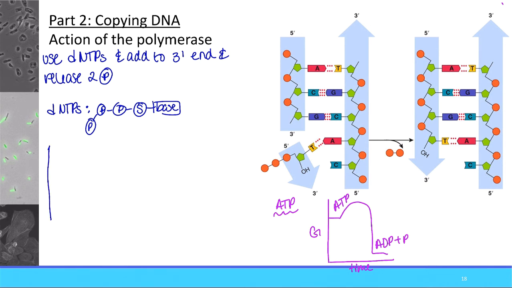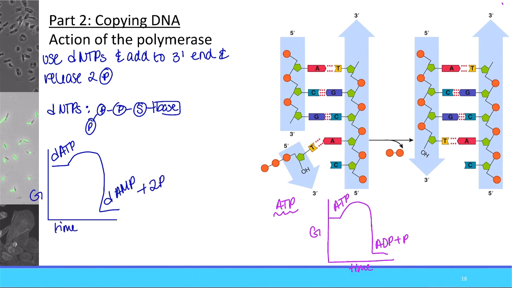If we draw a reaction coordinate diagram, we will have, let's say, dATP, deoxyadenine triphosphate, and we will get deoxyadenine monophosphate plus 2 phosphates that are released. And here is our delta G. It is less than 0, which means delta G is negative.